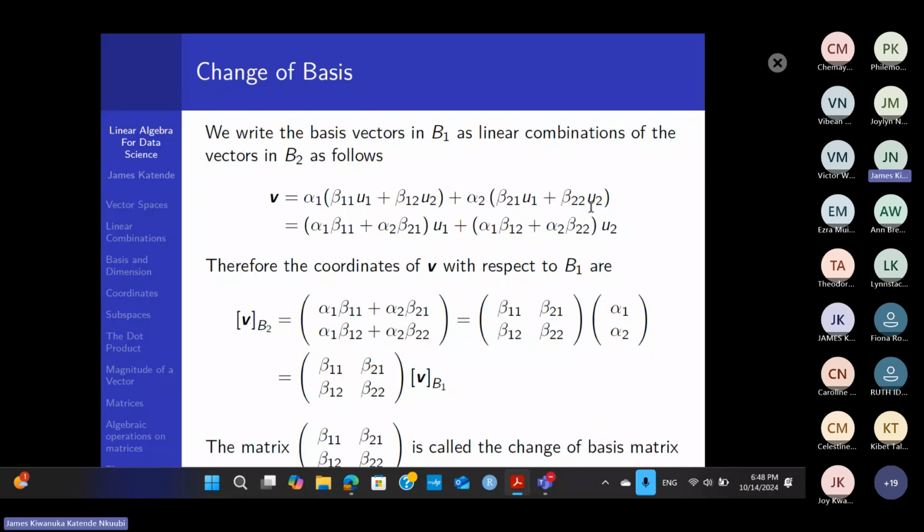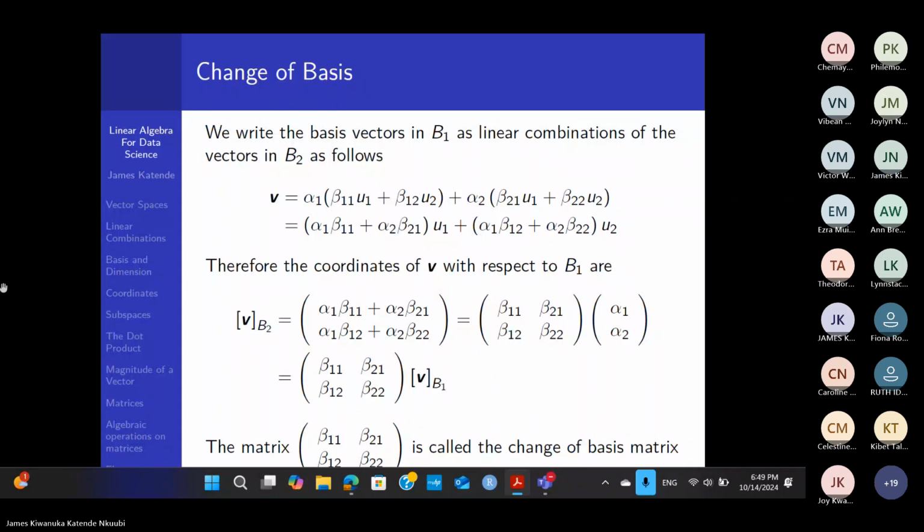So what I do here is simply put the like terms, pull out all the coefficients of U1 and put them together, and then look for all the coefficients of U2 and lump them together. So this is what this next step does.